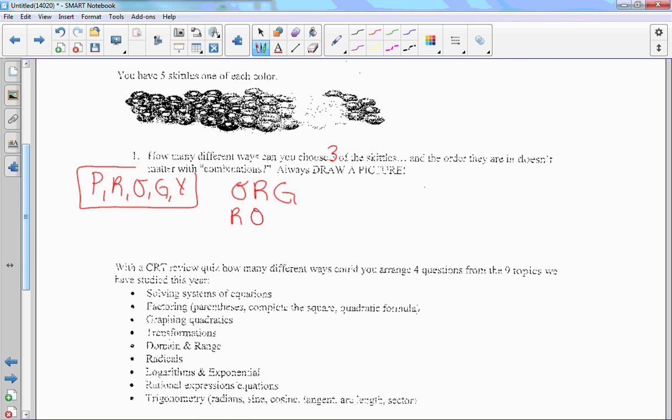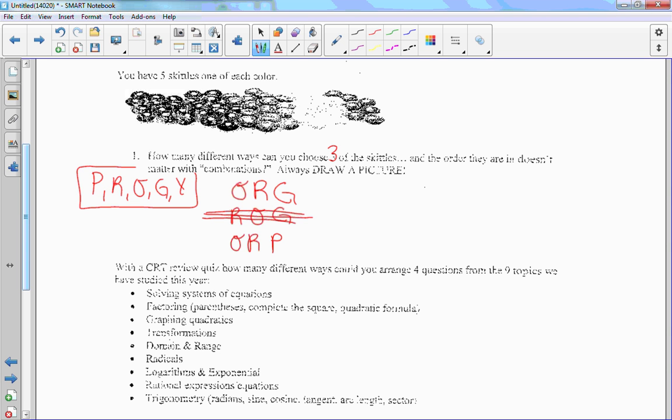Would this be a different committee, red, orange, green? Would that be a different committee where we don't care about order? No, this is a repeat committee. It's the same handful of Skittles. Okay, so we don't want repeats. What I think a new committee would be is to change to a completely new color that we haven't used yet, like the purple. That is a new committee.